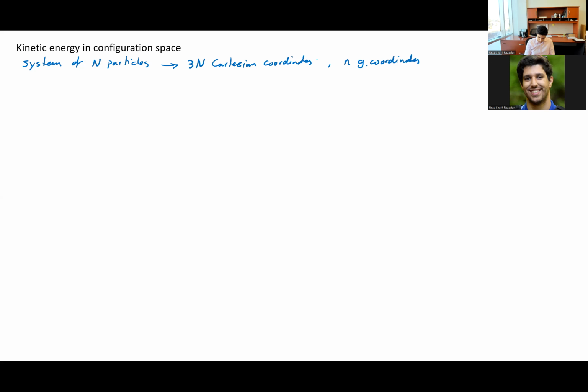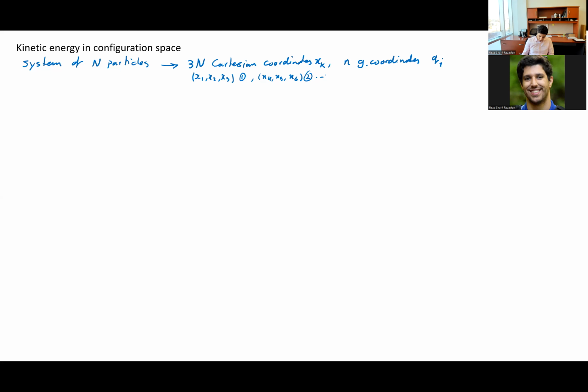Let's call these xk, where k is from 1 to 3n. And let me write it down: generalized coordinates qi. So I have x1, x2, x3 are the coordinates of the first particle, particle 1, x4, x5, x6 is the second particle, and so on. And we have some arbitrary choice of whatever the generalized coordinates would be.